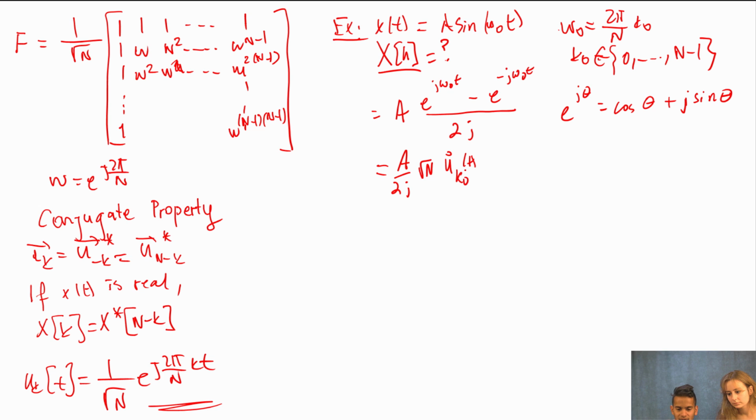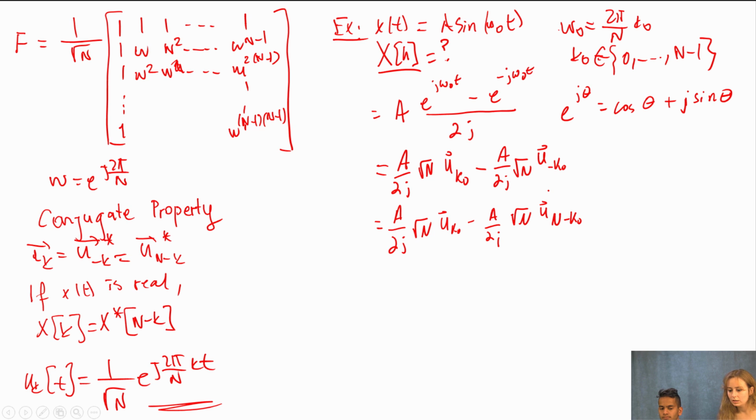Minus a over 2j root n, U of minus k naught, or like n minus k naught, which is the same thing. If you take 120, you'll see that the j term is just a phase delay, so you don't need to worry about the j factor for now.